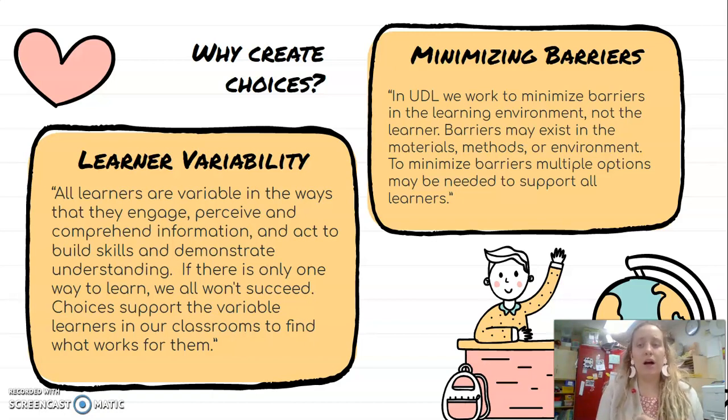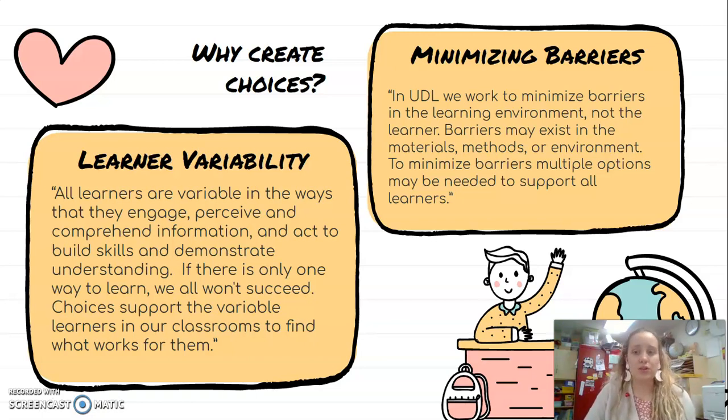In UDL, we work to minimize barriers in the learning environment, like in the space, and not in the student or learner themselves. So, for example, you might hear the phrase, oh, they're just not a focused student, or that student is easily distracted, right? When in reality, something contributing to that distractibility in that student is that the environment is too stimulating.